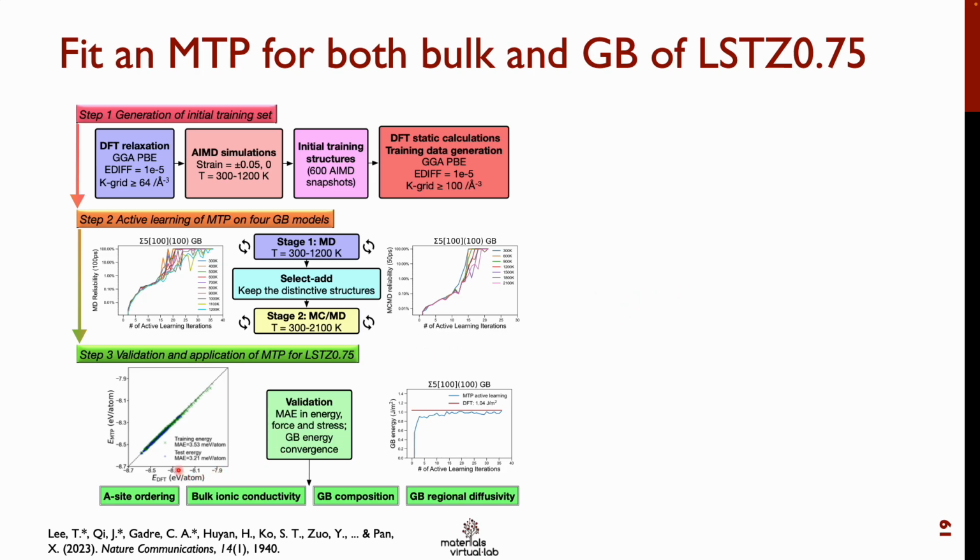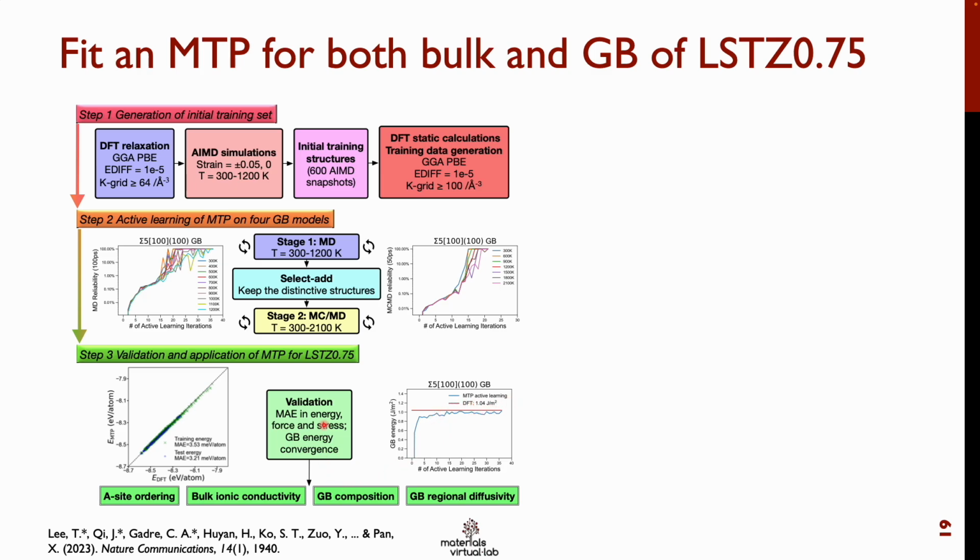Then we also validate that our moment tensor potential has comparable training and test errors for energy and forces. More importantly, you can see there is a convergence of the predicted grain boundary energy by our moment tensor potential to the DFT ground truth.